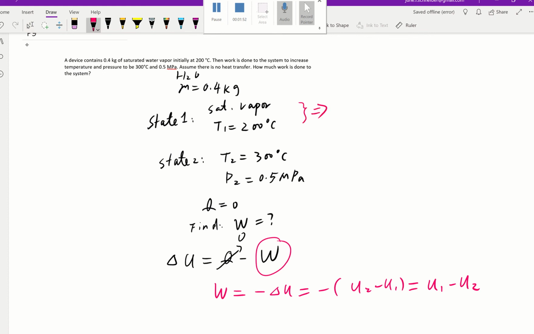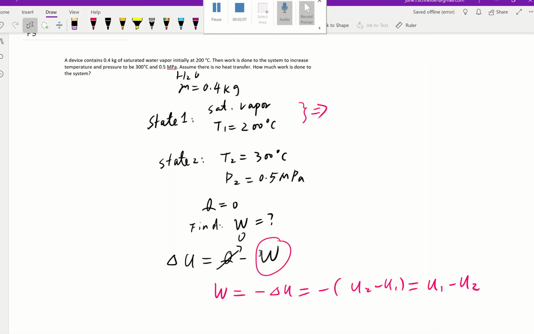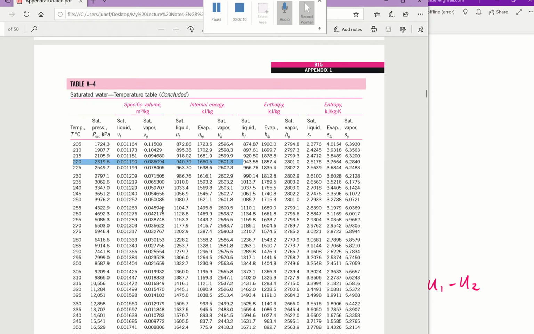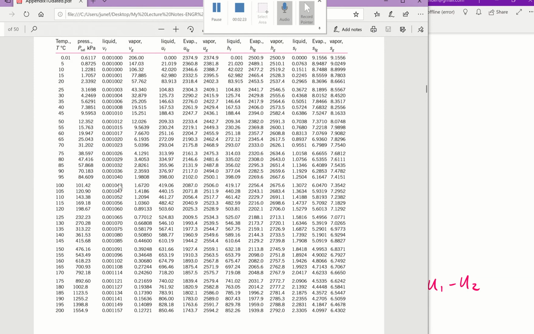Finding the specific internal energy at state 1: it's 200 degrees Celsius and saturated vapor. We go to table A4, at 200 degrees.